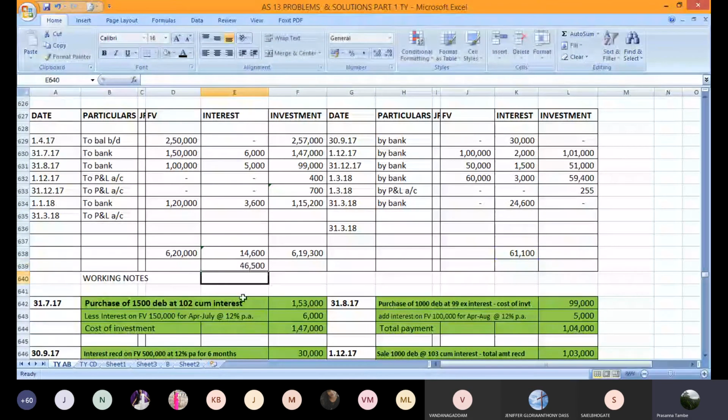So your balancing figure is 46,500. That will go to profit and loss account. This is the interest for the year which is treated as income, and that will go to profit and loss account. So the balancing figure in interest account is 46,500.